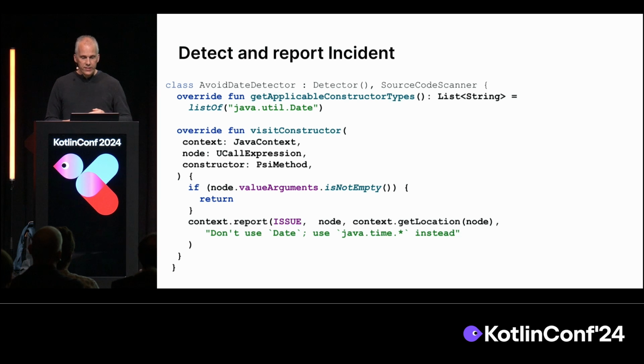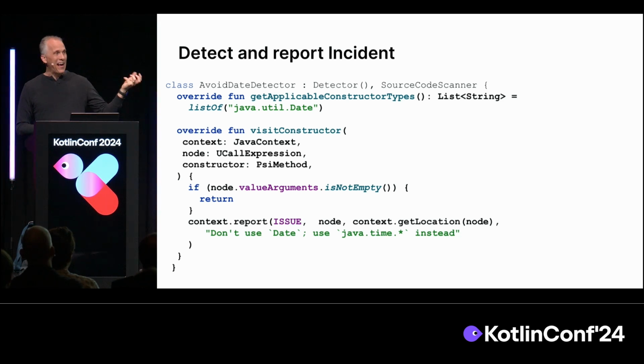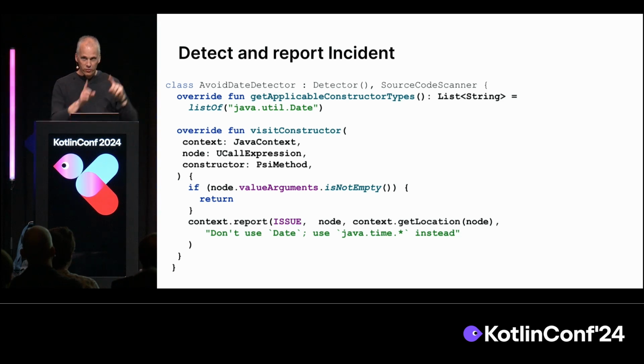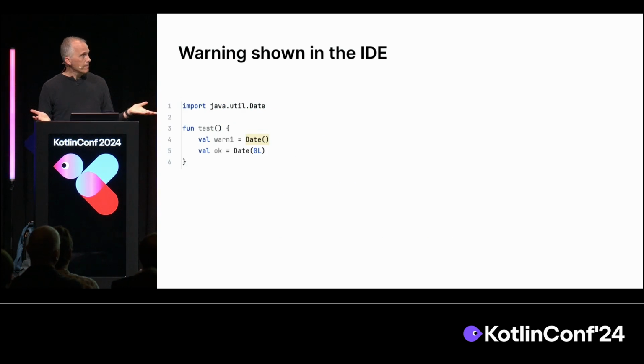And when Lint finds that, it invokes the second method that we've overridden, visit constructor. Here we're passing the constructor call. It's the second parameter, the node argument, that corresponds to the constructor call. So here we just make sure that there aren't any arguments passed to that call. So, just parentheses. And all we do then is report the usage. We have an error message that we've crafted, and we also pass in a location that we can derive from the call location. And that's it.